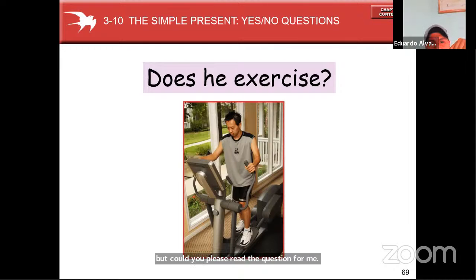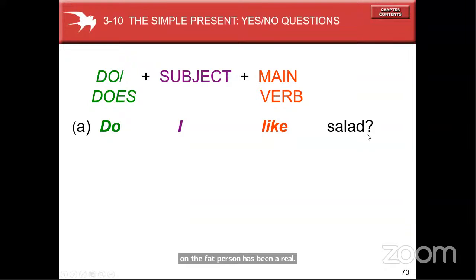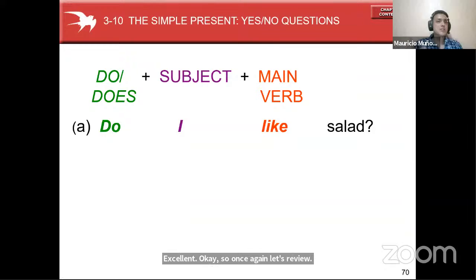Does he exercise? Correct. So this is a question based on the third person spelling rule. Excellent. Okay. So once again, let's review. So far, we know that in the questions, we have two different auxiliary verbs. Number one, do. Number two, does.